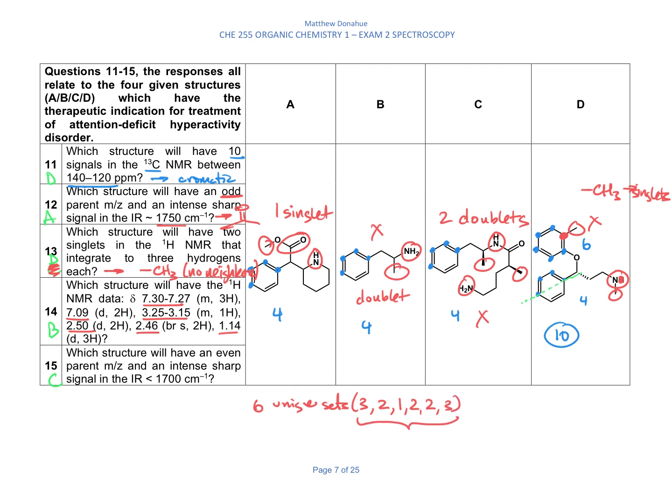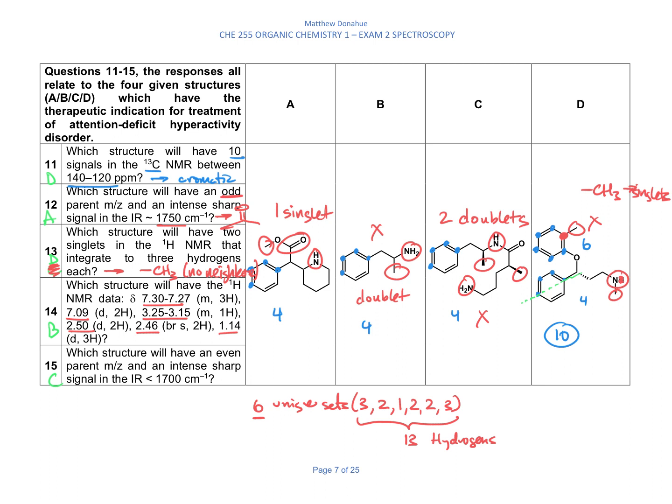So since we have 6 unique sets, we report 6 numbers in the ratio, and then let's add them. 3 plus 2 is 5, plus 1 is 6, 7, 8, 9, 10, 11, 12, 13. So there's 13 hydrogens.